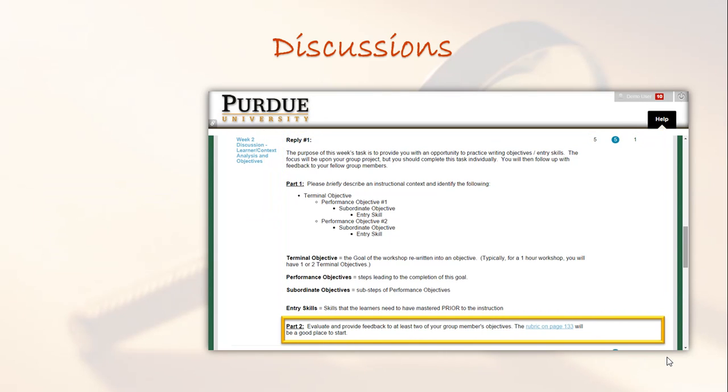Then for your responses, what I would like you to do is go and apply the rubric to the objectives that your group mates have provided. So I've linked it here. You'll also be able to find it on the assignment page.